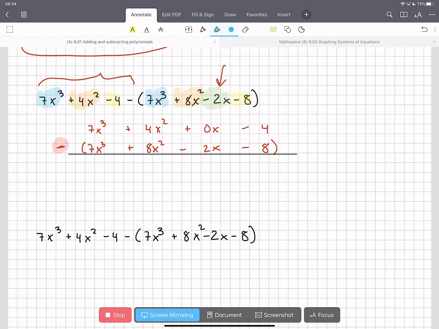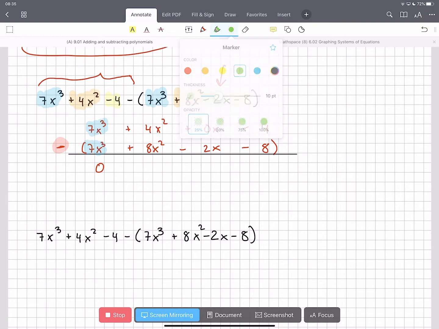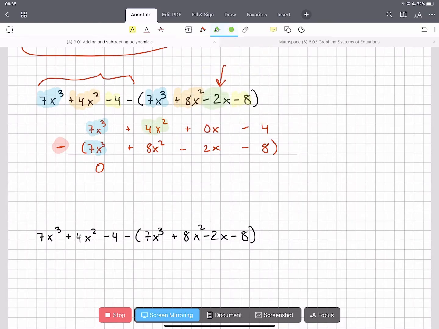So I'm going to do 7x cubed minus 7x cubed, which is 0. I'm going to do positive 4x squared minus positive 8x squared. That leaves me with negative 4x squared.